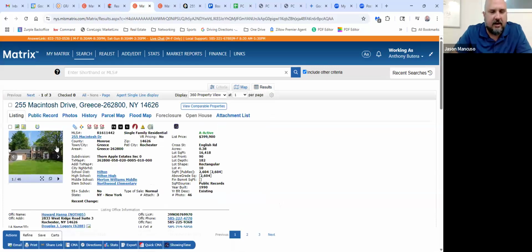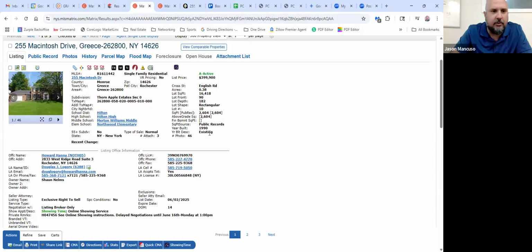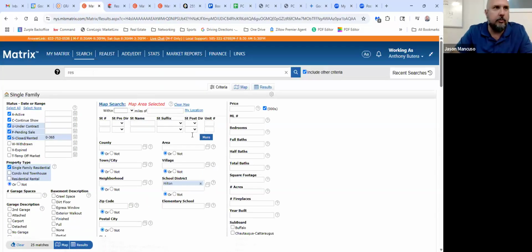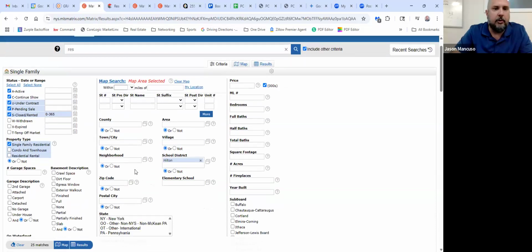Now let's look back at this house. We got a 2,600 square foot, 1990 built colonial with 3 beds, 2.5 baths. Notice that one of the bedrooms is downstairs, which for a colonial is not uncommon, but I'm going to look at this differently, like it's the difference between a 4 bedroom colonial with 4 bedrooms on the second floor and a 4 bedroom colonial with 3 bedrooms on the second floor.